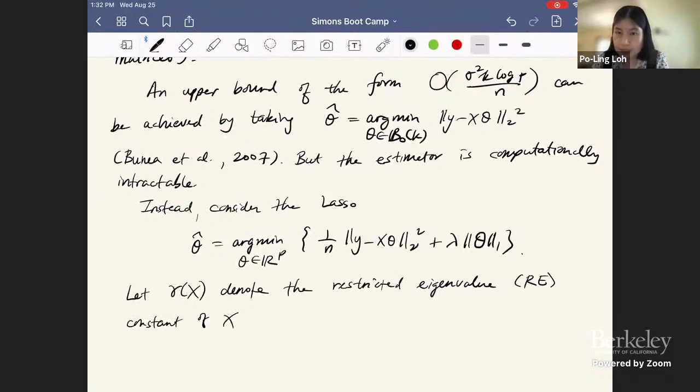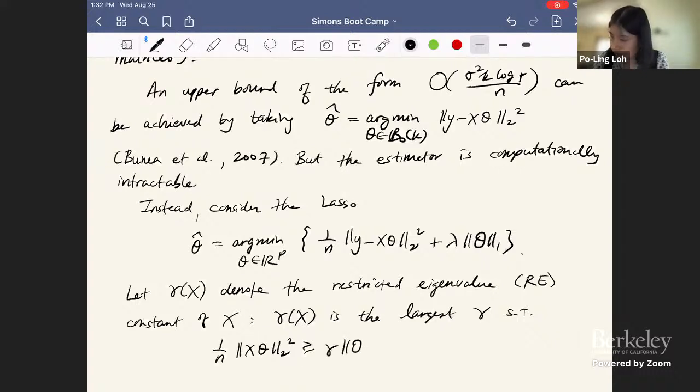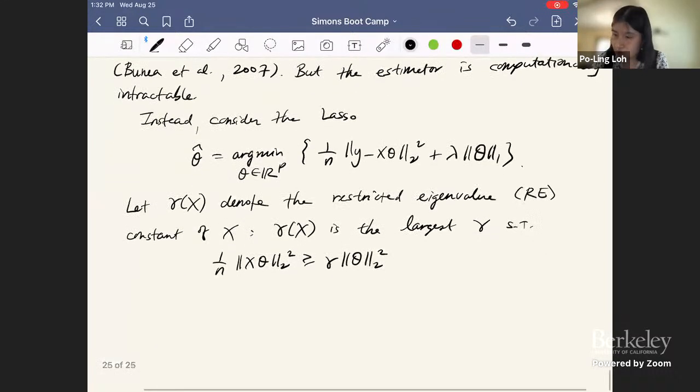It's a constant of the matrix X. So this means that gamma of X is the largest gamma such that 1 over n times the 2 norm squared of X theta is bigger than or equal to gamma times the 2 norm squared of theta, for all theta which are in a particular set.